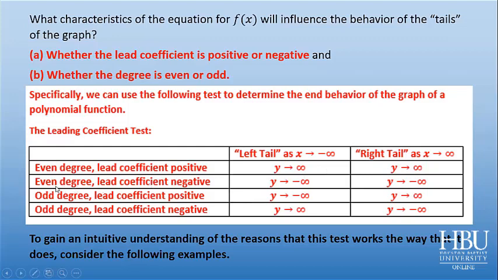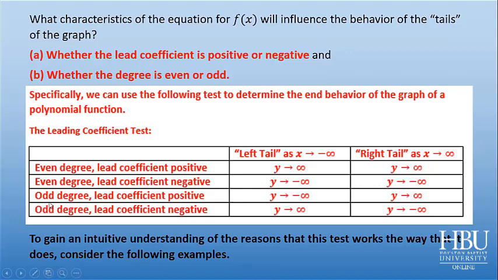If the polynomial is even degree but has a lead coefficient that's negative, then both as x approaches minus infinity on the left and as x approaches positive infinity on the right, the y value in both cases is going to be approaching negative infinity. Both the left and right tail of the graph will be going down.